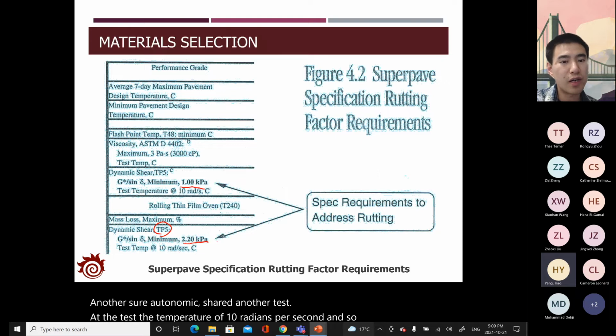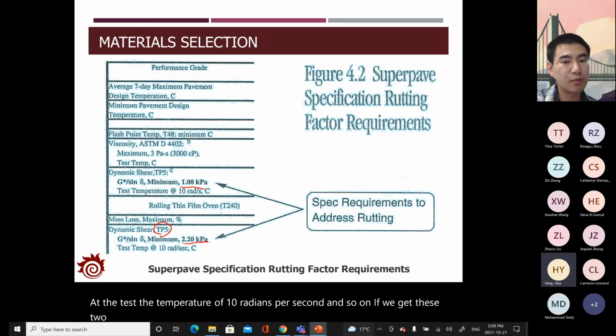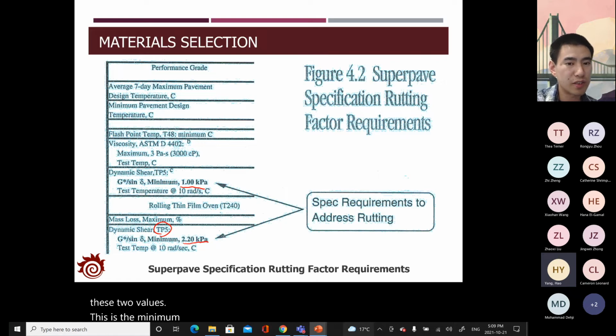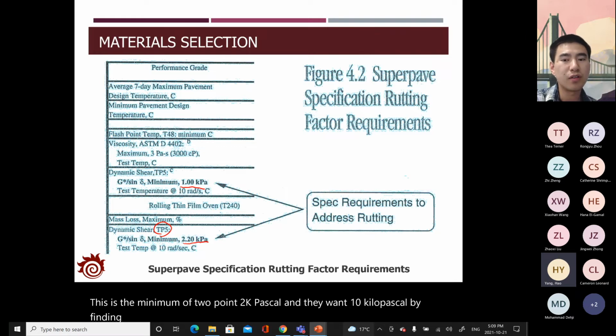If you get these two values with the minimum of 2.2 kilopascal and 1.0 kilopascal, you can identify how the asphalt binder handles rutting.